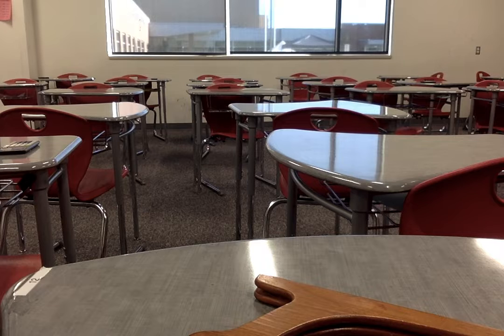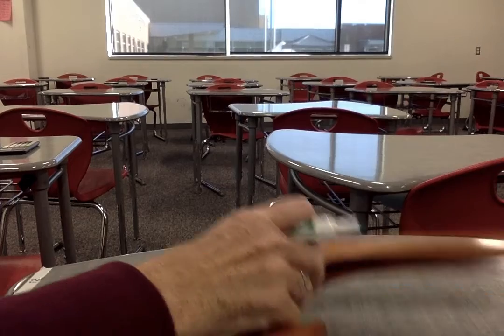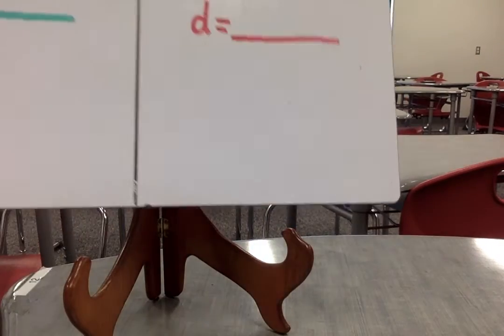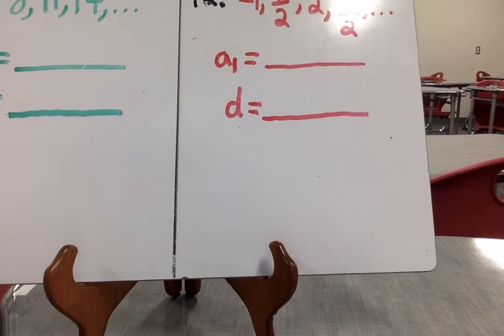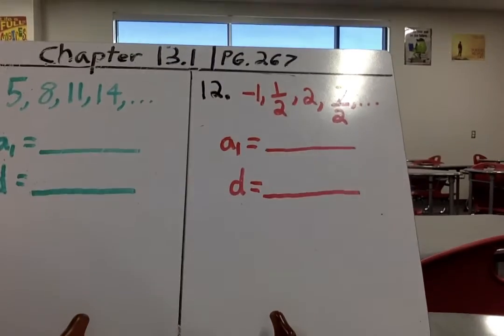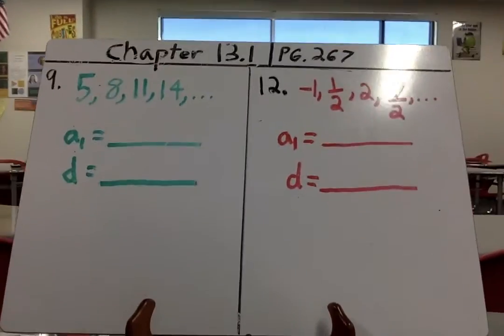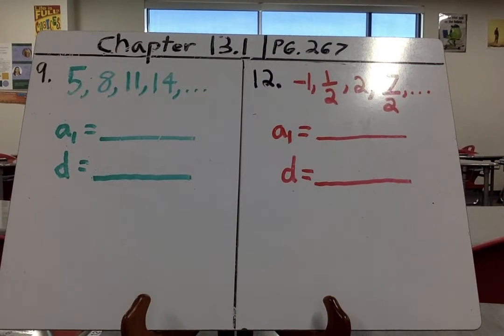Number 9 on the next page. Page 267. We have 5, 11, 14, and so forth. Okay.